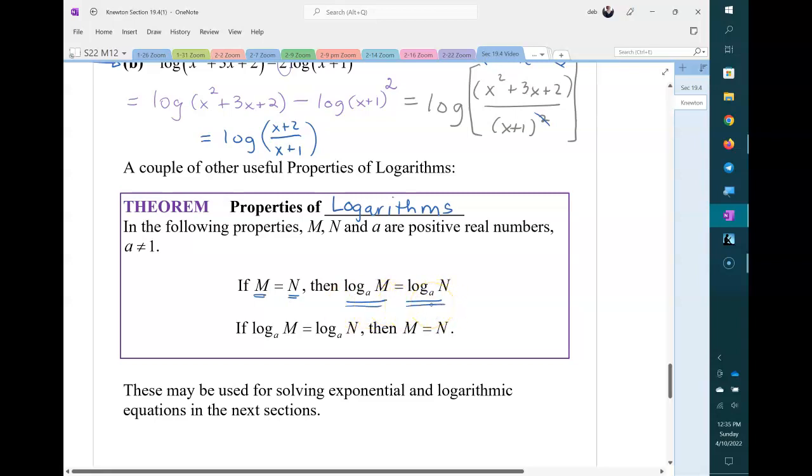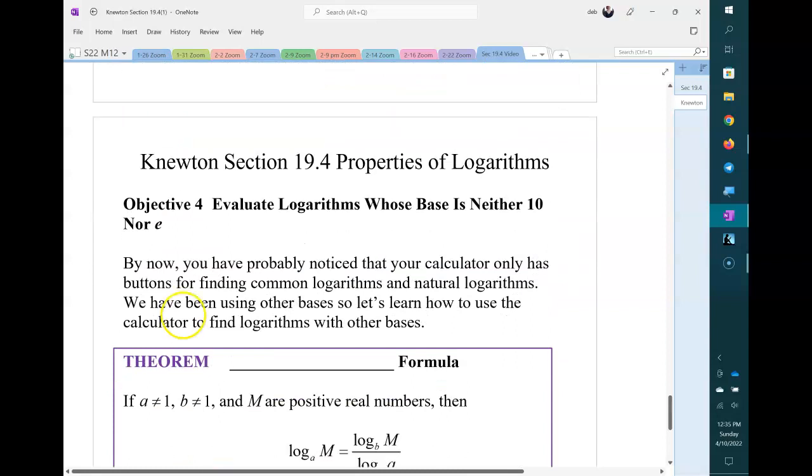That's basically what this says in English language. And it goes back the other way: if you have two logarithms with the same base that are equal, then their arguments must be equal. So we'll use these for solving exponential and logarithmic equations in future sections.